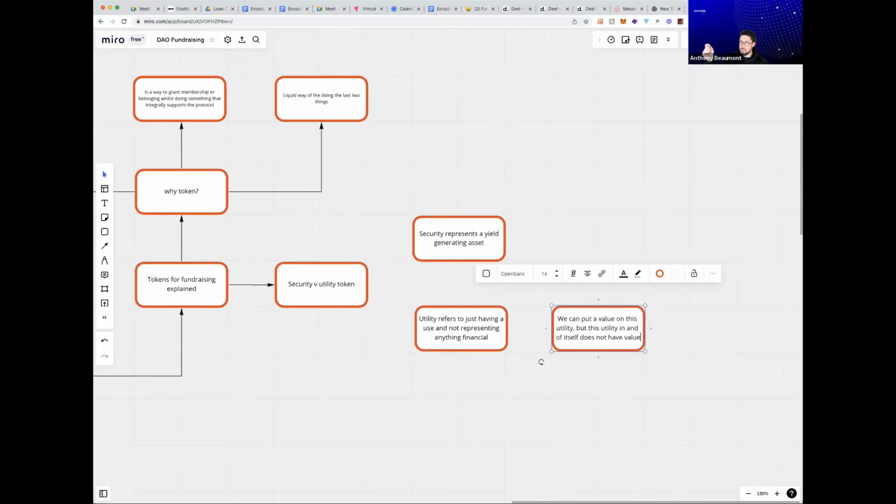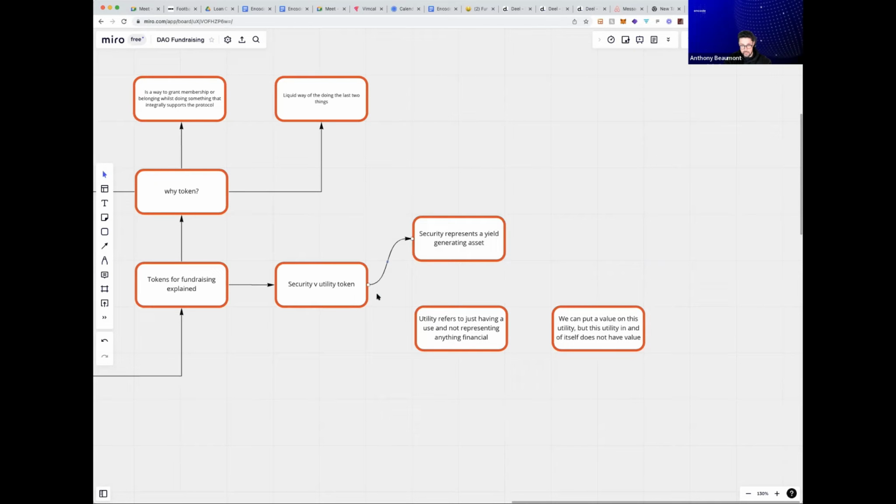Or this token allows me to be a member of this DAO, but being a member of the DAO doesn't give me money. It might have money for some separate reason, but it won't intrinsically give me money. There's no money that the DAO is producing in and of itself that I'm benefiting from. If the token represented a guaranteed profit share in the DAO of $1 million a year, this would be different. This is the key thing to know.